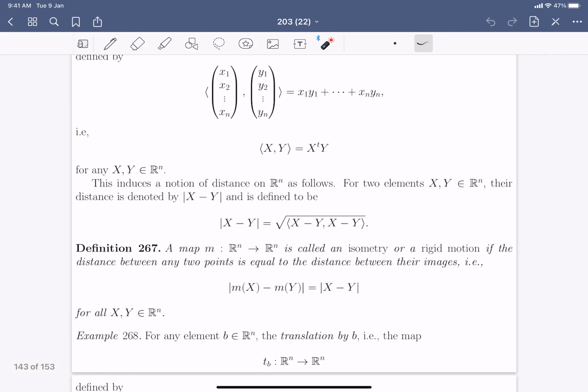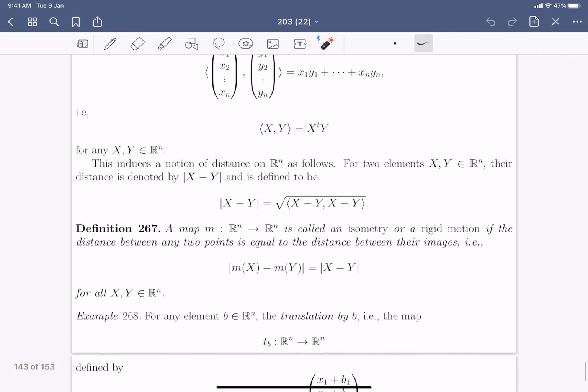One can note that this dot product induces a notion of distance on Rn. In fact, given two elements x, y inside Rn, their distance is denoted by this symbol, the norm of x minus y, and this is the square root of the inner product of x minus y with itself.